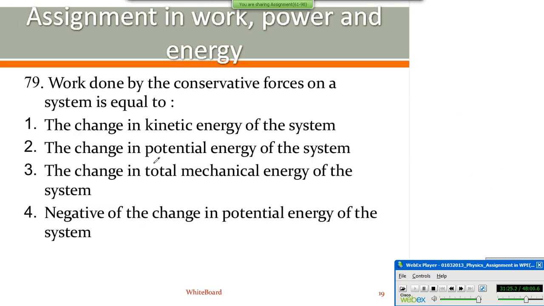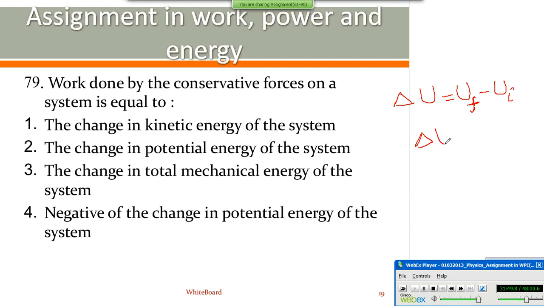Work done by conservative force on the system is equal to. This is a theoretical question. I have discussed the theory that the change in the potential energy of a body or system when the system passes from one state to another state is written as U_F minus U_I. U_I is the potential energy of the body or system in the initial state. U_F is the potential energy of the body or system in the final state.